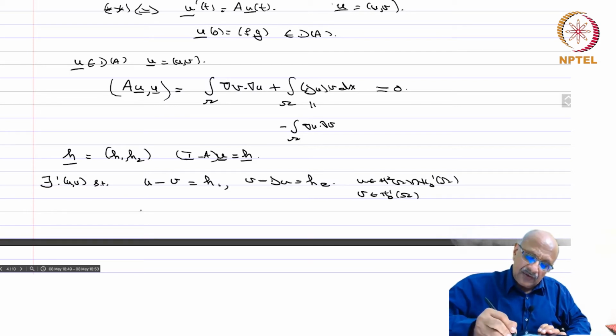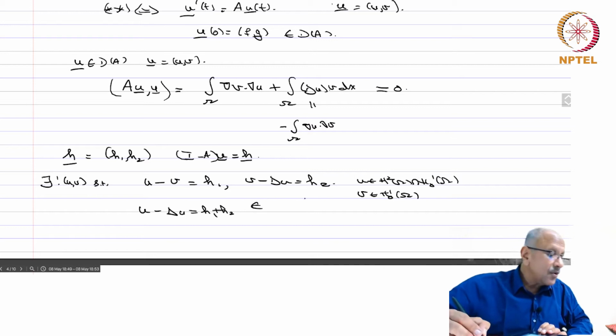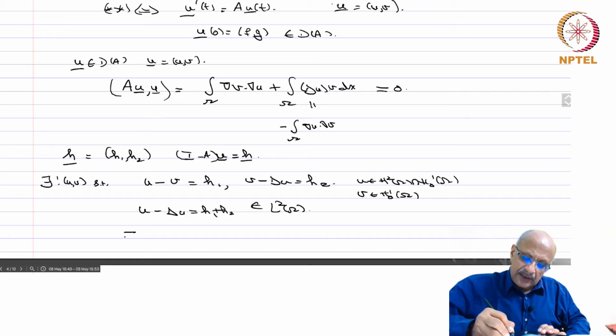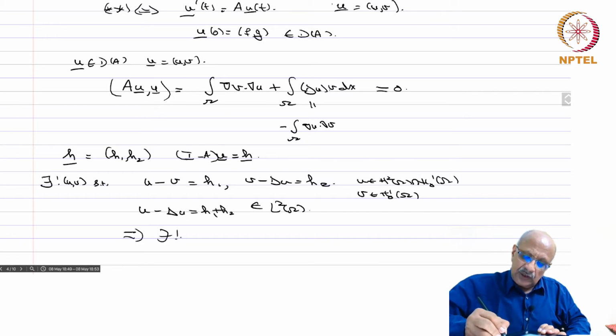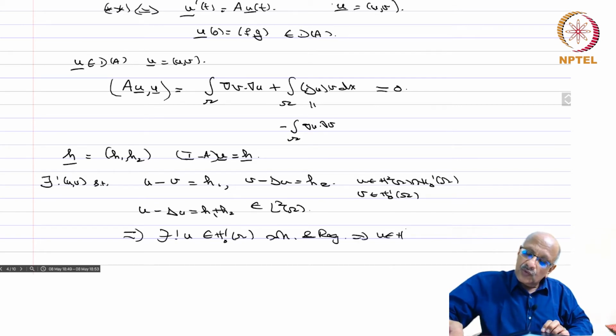So if you add these two equations, you get u − Δu equals h1 plus h2, and that belongs to L^2(Ω). Okay. So then there exists a unique u in H^1_0(Ω) solution, and regularity implies u is in H^2(Ω).